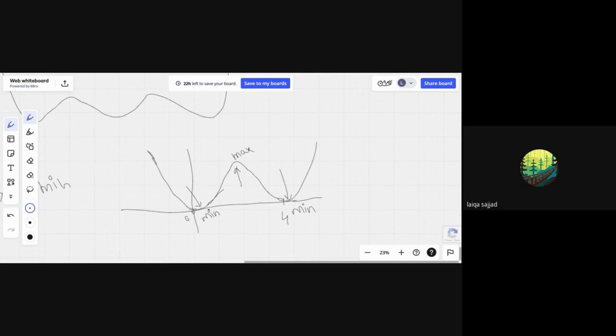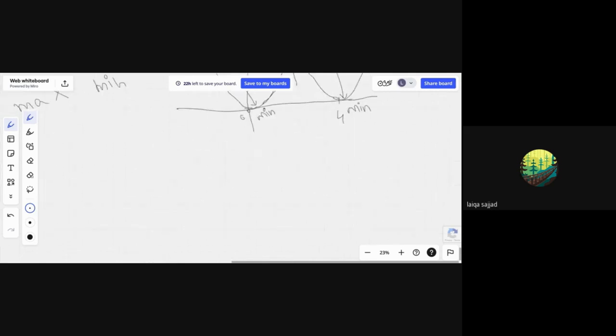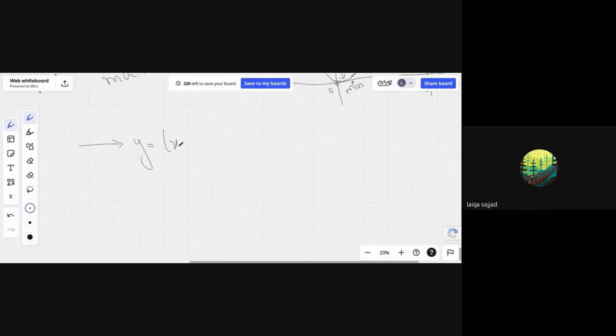Okay, if we see one example, if we are given an equation y is equal to x plus 1 into x minus 3 into x minus 4.